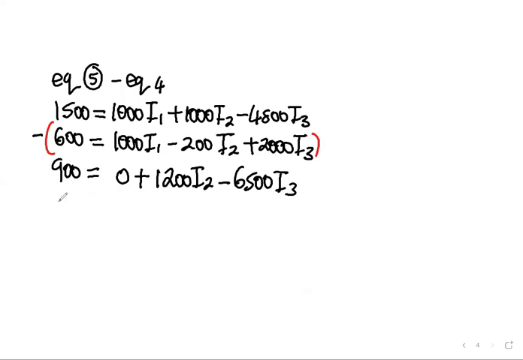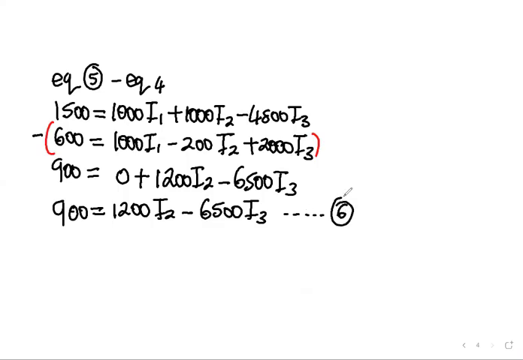So when you write this properly, you can write it as 900 is equal to 1200 I2 minus 6500 I3. So this is our equation number 6.